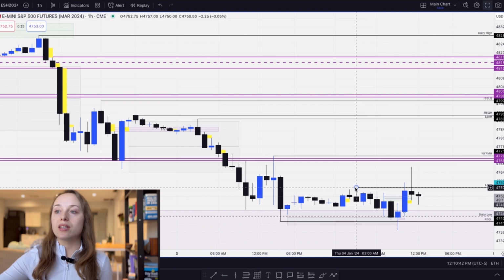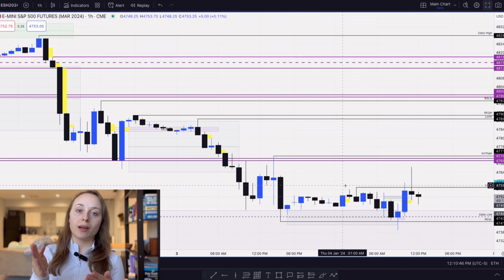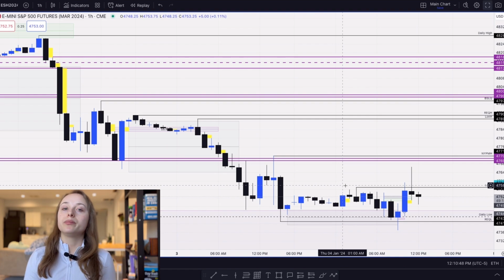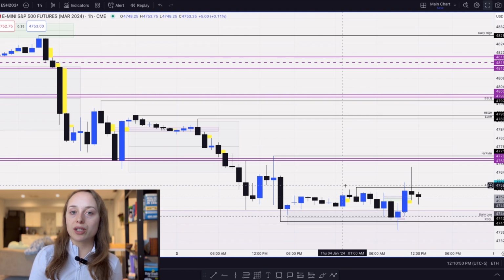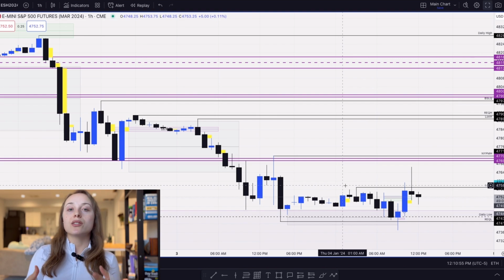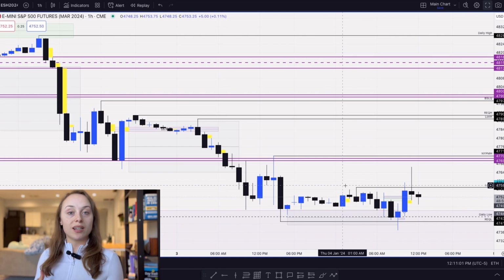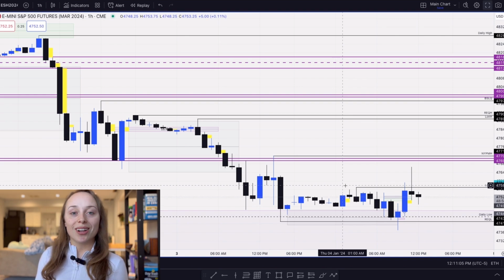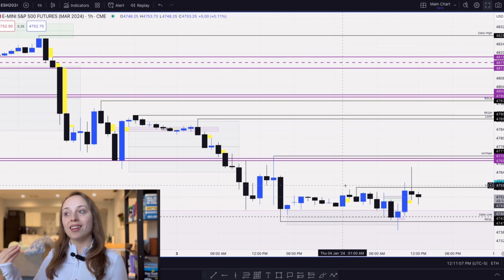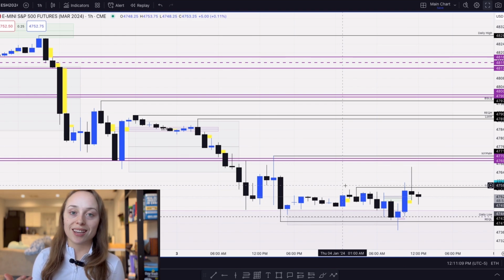So seeing this consolidation, these relative equal lows or relative equal highs, I was like, all right, we're gonna see if we can take out these relative equal highs during my time frame, so 10 a.m. to 11 a.m. And that's something I'm trying to learn this year too, is being a session-based trader. So looking for those short-term runs on liquidity rather than the daily range, because sometimes, as we saw yesterday, when you're going for the daily target, it could happen in the afternoon or at the end of the day.